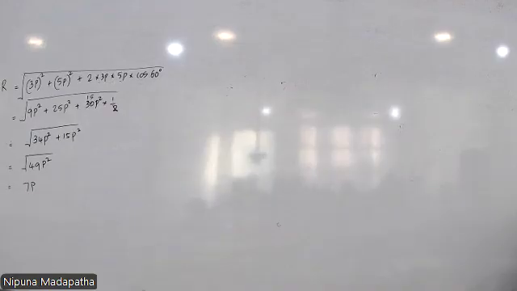As shown in the figure, two vector quantities F1 and F2 of magnitude P each are inclined at an angle theta to each other. Find the magnitudes of F1 plus F2, that means the addition of the two vectors, and F1 minus F2, that is the difference of two vectors.